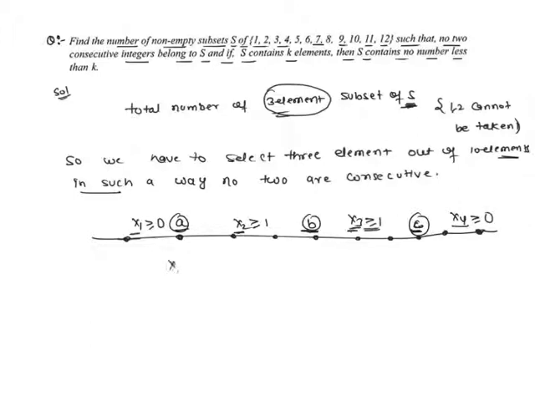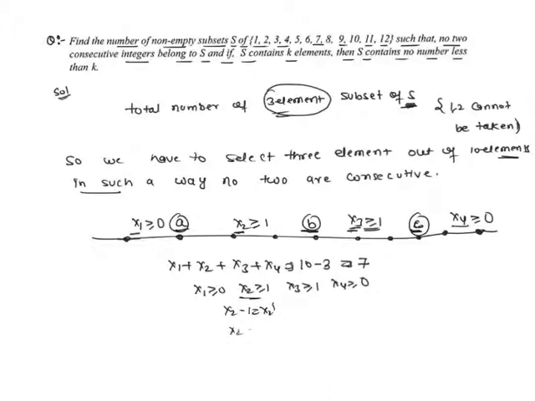So x1 plus x2 plus x3 plus x4 equals 10 minus 3, that is 7, where x1 is greater than or equal to 0, x2 is greater than or equal to 1, x3 is greater than or equal to 1, x4 is greater than or equal to 0. Now write x2 minus 1 equals x2 dash, so x2 equals 1 plus x2 dash. Similarly x3 minus 1 equals x3 dash, so x3 equals 1 plus x3 dash.